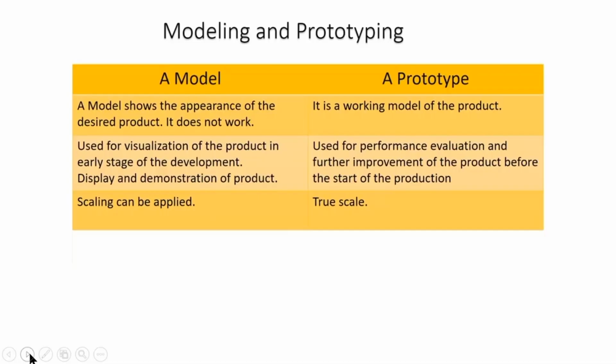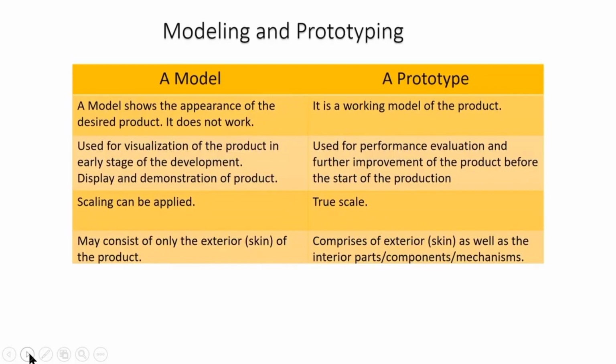So, by using 3D printer, we can develop a smaller model of the automated guided vehicle, which will help us to visualize the appearance after the development. But in the case of prototype, the model or the prototype is to be the true scale. It should have the exact dimensions as the final product would have.